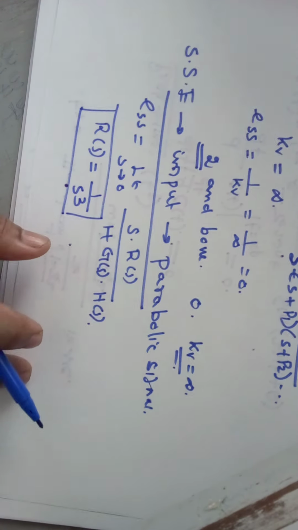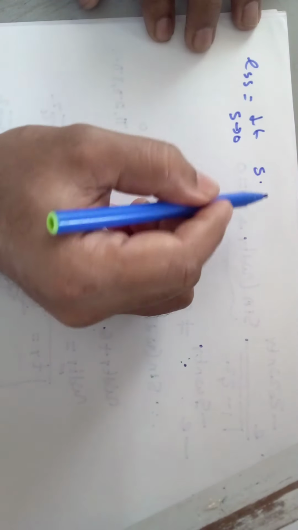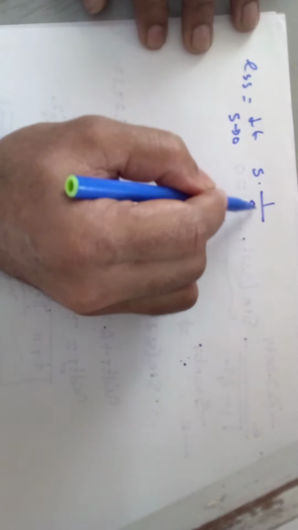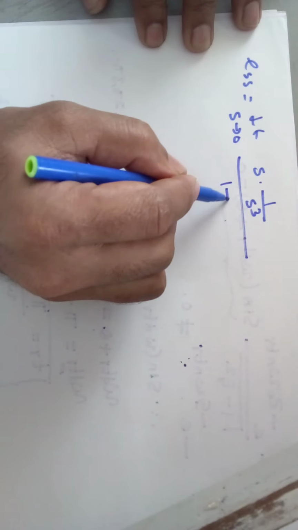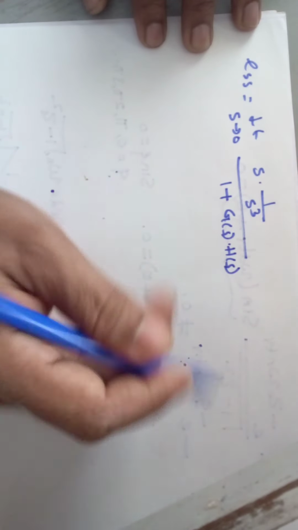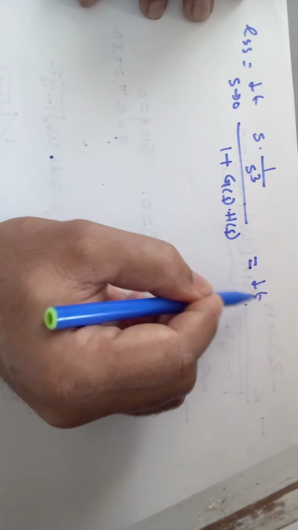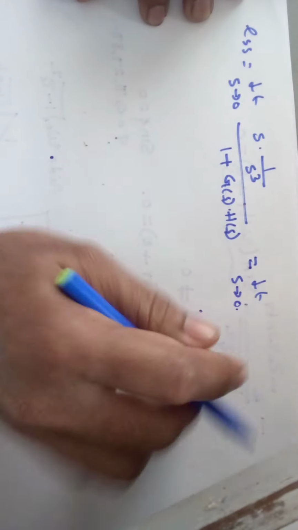Therefore we can calculate the steady state error as ESS is equal to limit s tends to 0 of s into R(s), which is 1 by s cube, whole divided by 1 plus G(s) into H(s), right?